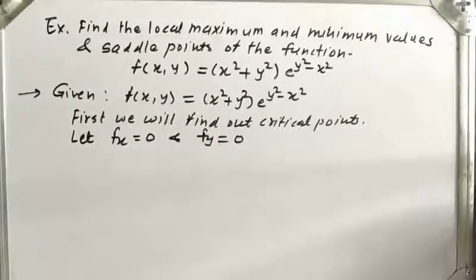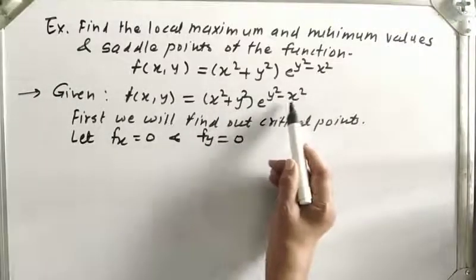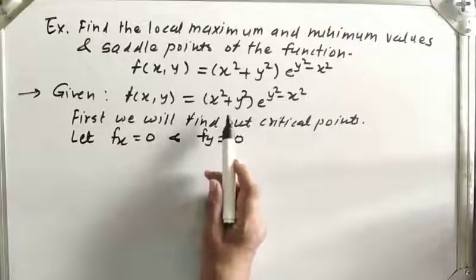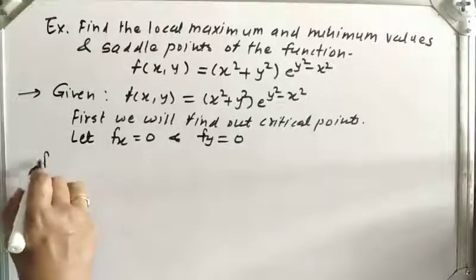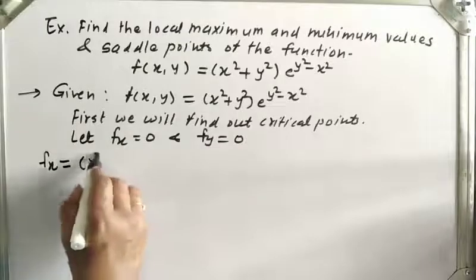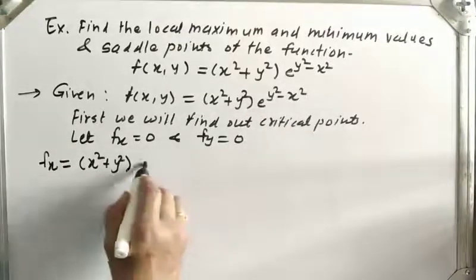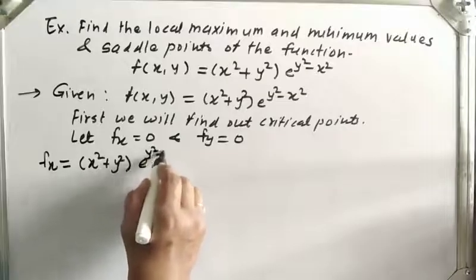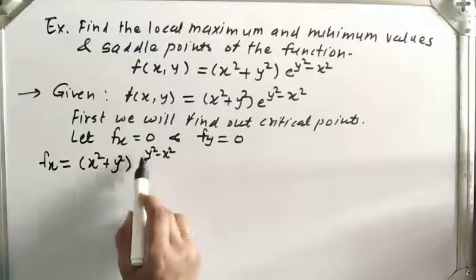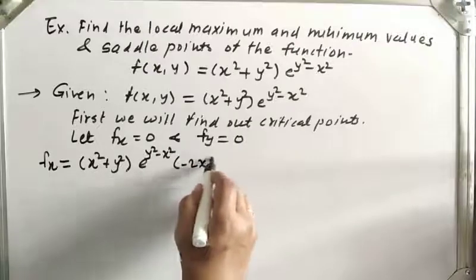So what will be fx? This is our f(x,y). Here is x, meaning we need to use the u into v rule. So fx = keep x² + y² as it is, times the derivative of e^(y² − x²), which is e^(y² − x²) times the derivative of y² − x² with respect to x, that is −2x.